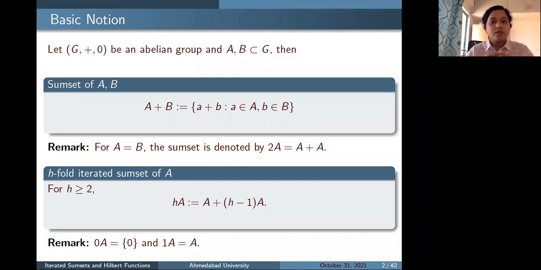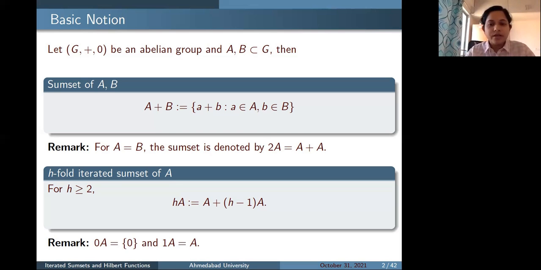When I take two subsets A and B of the group, I define the sumset of A and B to be the set containing a plus b, where a belongs to A and b belongs to B. When I take A equal to B, this sumset is denoted by 2A.